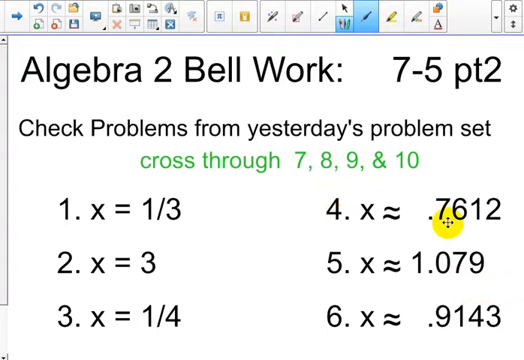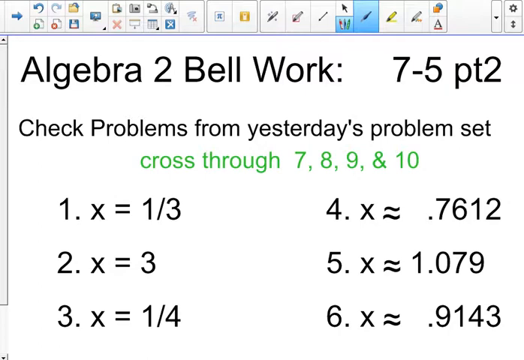Number 4, it said go to the nearest 10,000th, so that's 4 decimal places: 0.7612. Number 5 is 1.079, and 6 is 0.9143. Which one? This is 7.5.